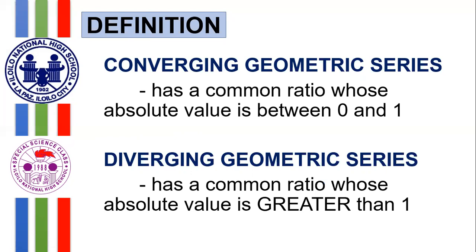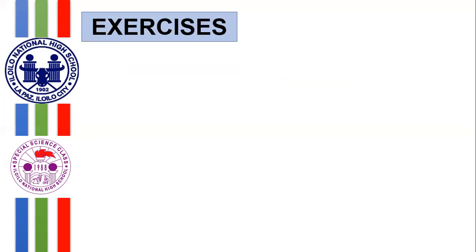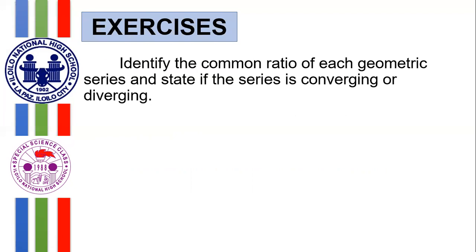So this time, let's have a quick exercise. Identify the common ratio of each geometric series and state if the series is converging or diverging in the context of this infinite series.